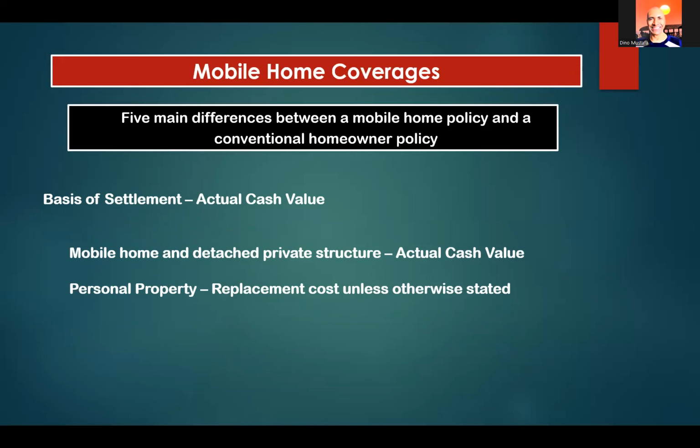Like the customer wants just the cheapest policy and says, no, I don't want replacement cost. If you can make it just the cheapest coverage, actual cash value, I don't want to pay too much money. So unless it's stated as actual cash value, normally it's replacement cost.